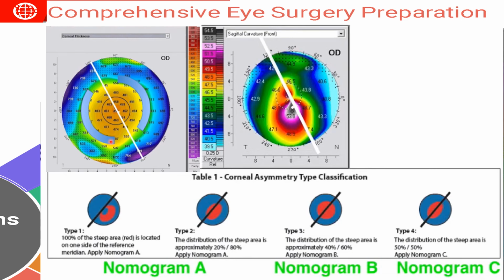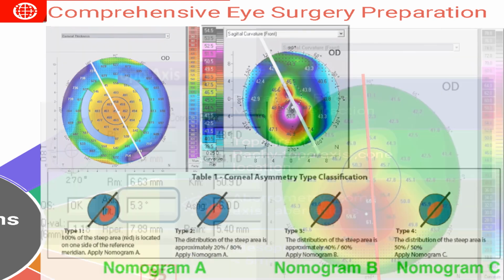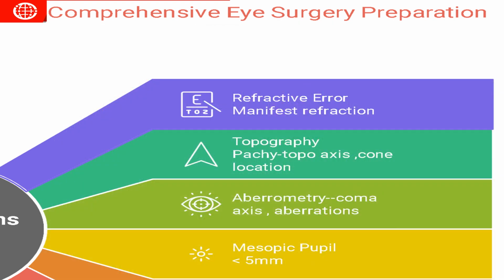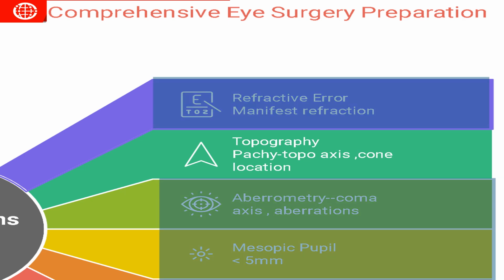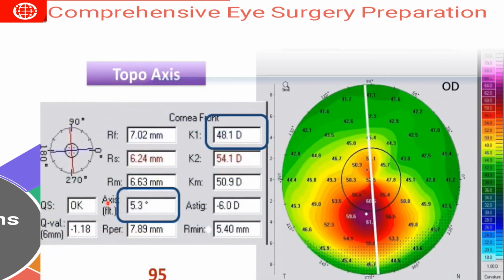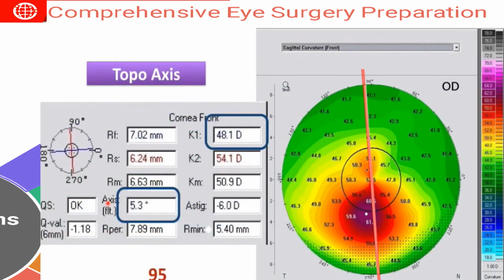So we have to look to the tangential map for the topographic axis and the elevation map for determining the shape and location of the cone, and the pachymetry map to determine the thickness of the cornea. By doing the topographic analysis of the patient for planning for the intracorneal rings, the topography gives us three main important pieces of information.